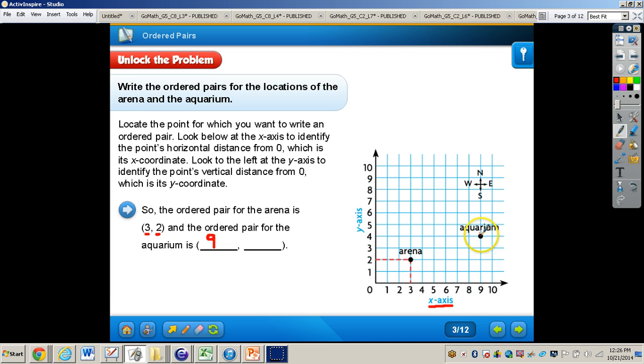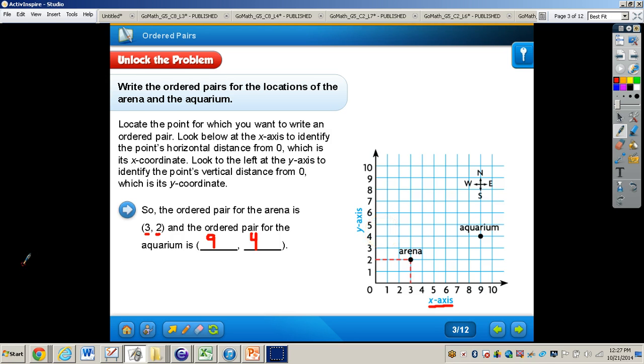And then we would go up, and you can see it's right in line with the 4 on my y-axis. So it'd be an ordered pair of 9, 4. So the first step is move to the right on the x-axis, find that plotted point, and put the number that it lines up with, and then look at the y-axis, and we can see that the plotted point is lined up with 4.